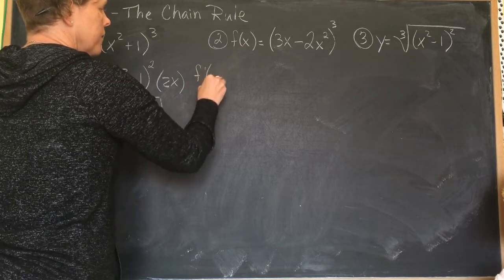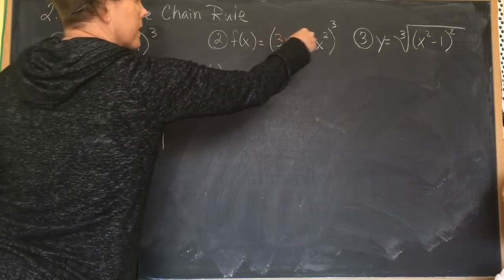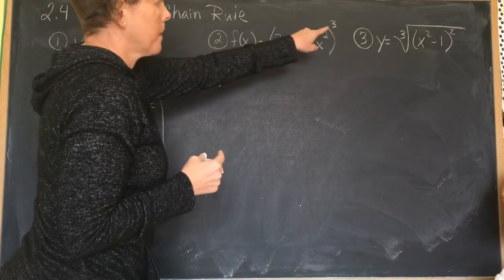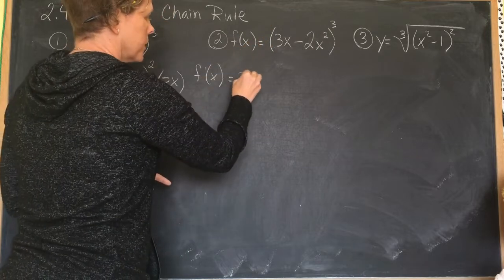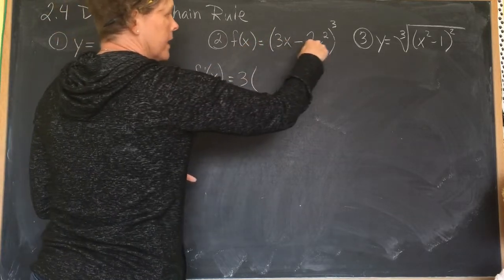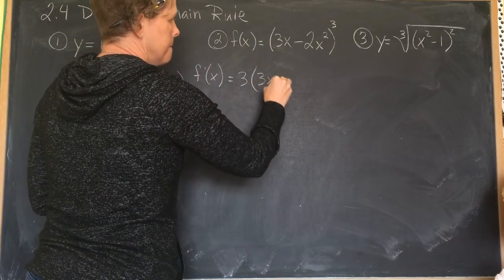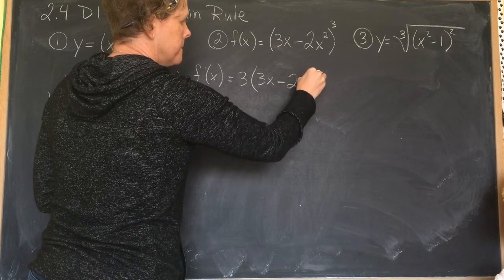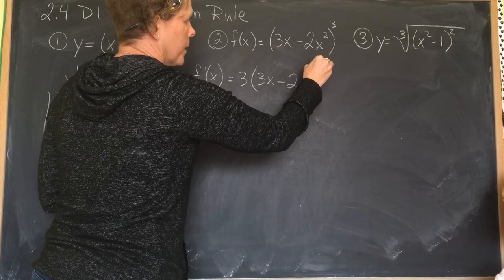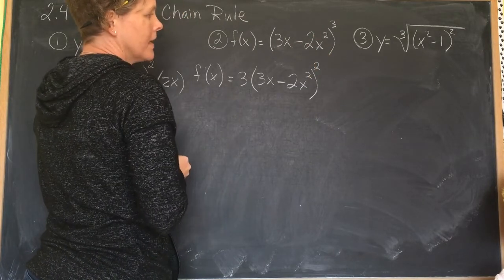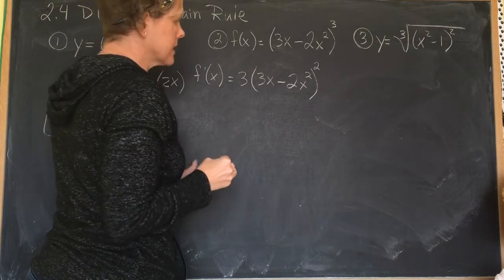So my derivative, I don't want to have to multiply this out 3 times. I'm just going to power that down. So 3 goes out front. I'm going to rewrite this exactly the way I see it, and I'm going to lower it by 1. Now I'm going to take the derivative of the inside.